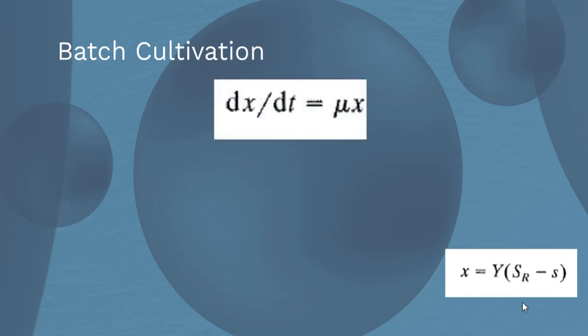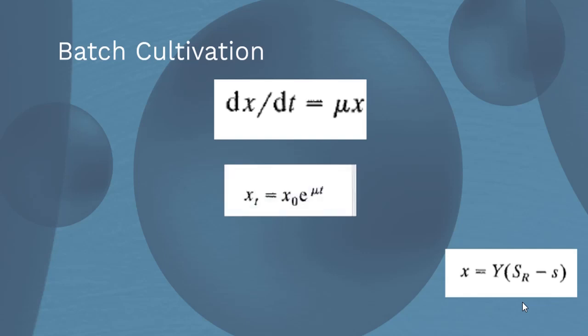where the change in biomass concentration as given by Monod's model is directly proportional to the concentration of the biomass and the proportionality constant is the specific growth rate of the system.